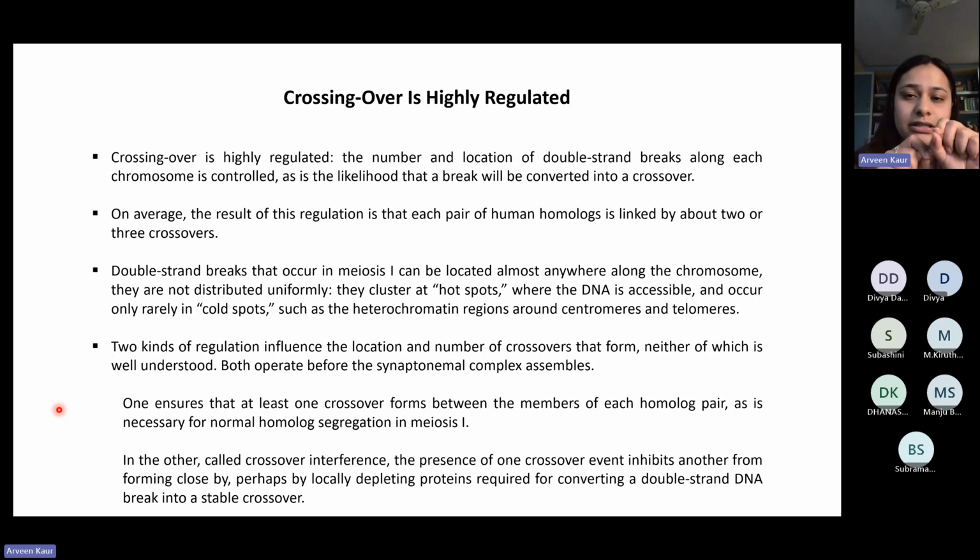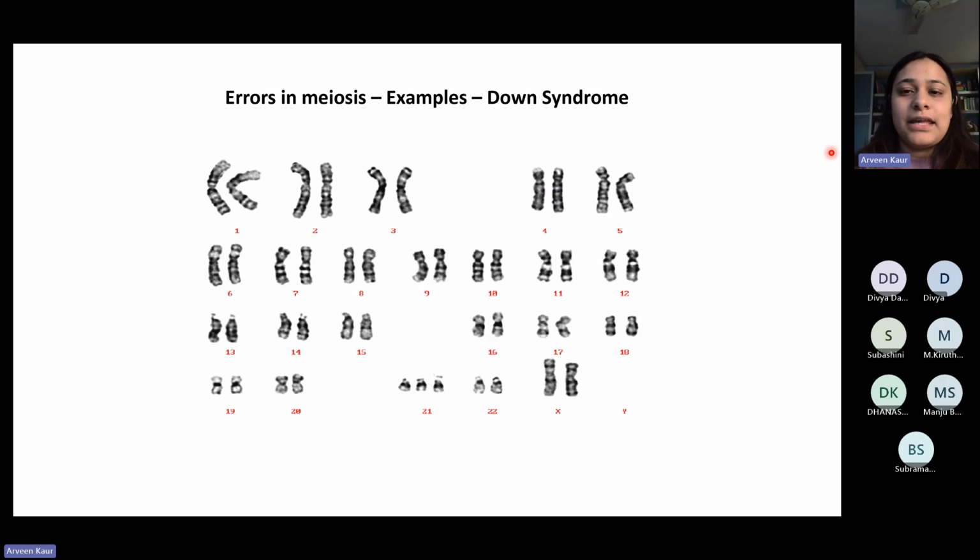If there is one crossover occurring, it will inhibit the other crossover from occurring within a certain distance, right? After a certain distance, it might be able to occur. Okay. So, which also tells us that maybe in smaller chromosomes, the number of crossovers might be lesser than in the longer or larger chromosomes, right?